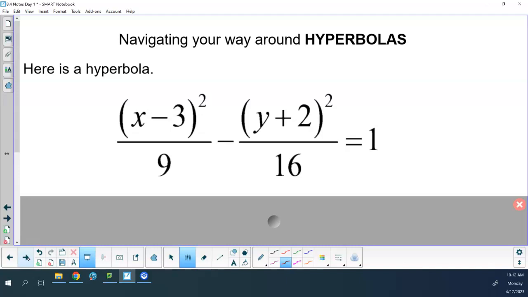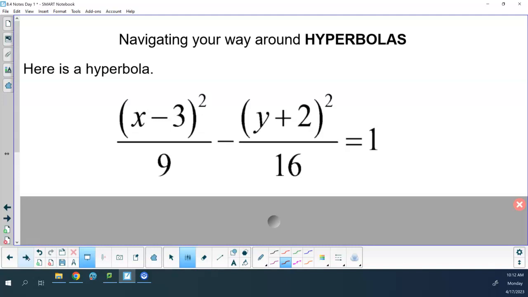Okay. So here is the equation of a hyperbola. Now we have 2 things that we have to do in step number 1. In the past, up to this point in time, what has been step number 1? Find the center.